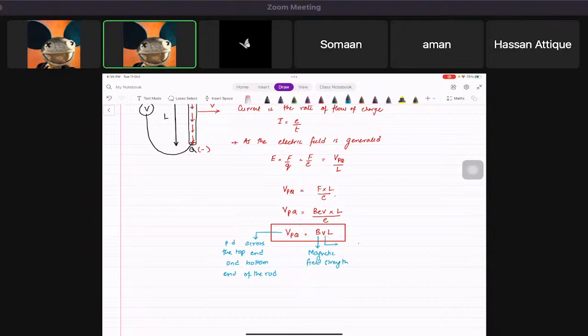This is the velocity of the conductor, and that's the length of the conductor. So it causes this potential difference to be created. Is this clear? Please let me know if you do not understand this.